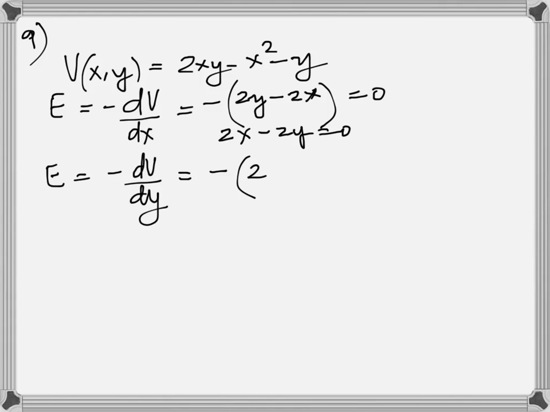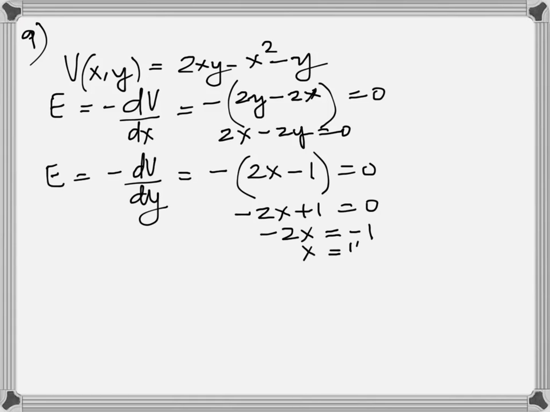We set it equal to 0 because it says that the electric field should be equal to 0. That's why. And of course from that you will get the value of x directly, and then plug it back into that, you will get the value of y. X is 1/2.